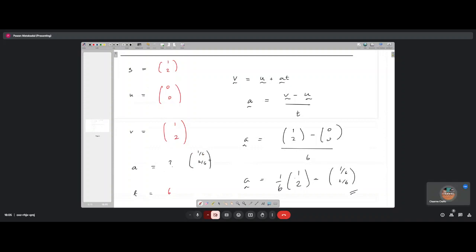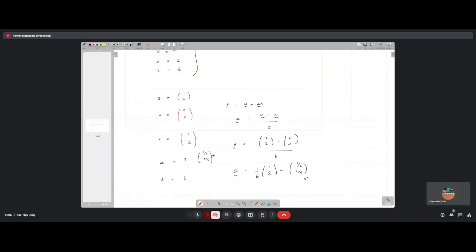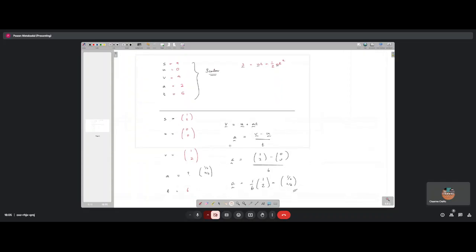Now, why am I showing you this? This is what Chapter 8 is about. Chapter 8 is basically about dealing with kinematics, displacement, velocity, and acceleration, but with them as vectors, because we've just assigned numbers to them the whole time, right?